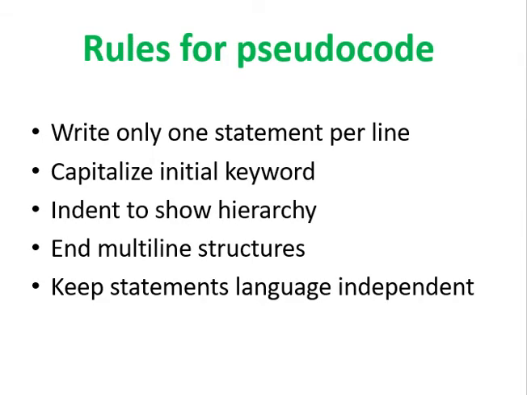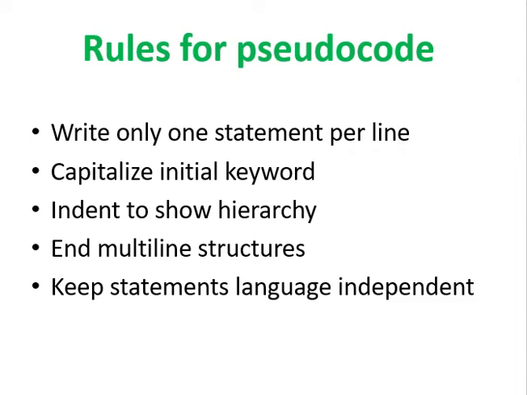Here are the rules we follow while designing pseudocode. First rule, write only one statement per line. Second rule is to capitalize the initial keyword, indent to show hierarchy, use multi-line structures, and keep statement language independent.